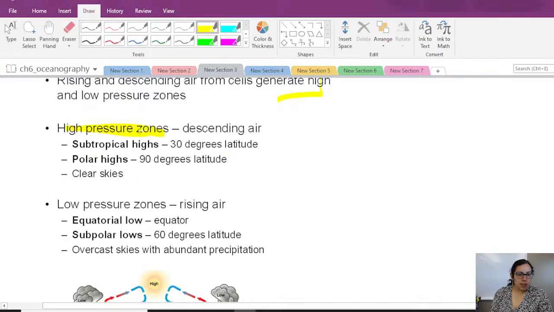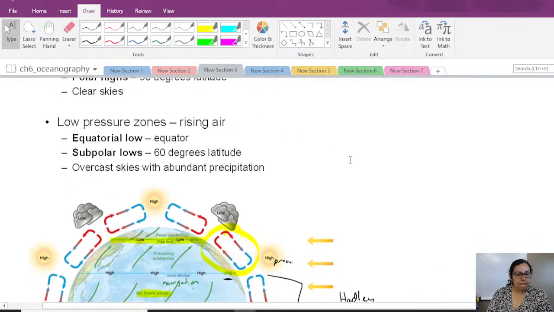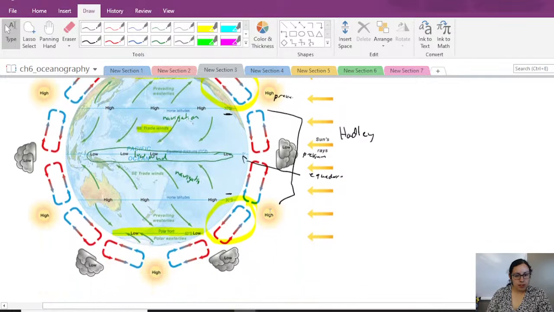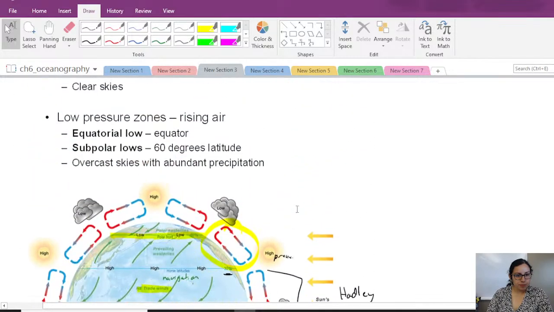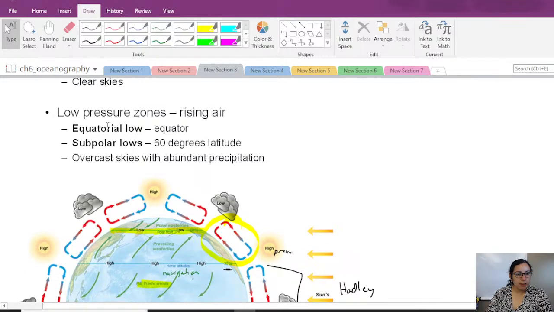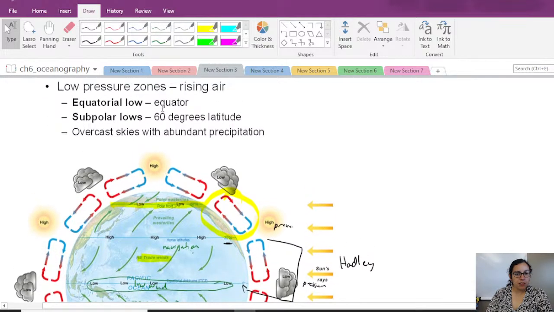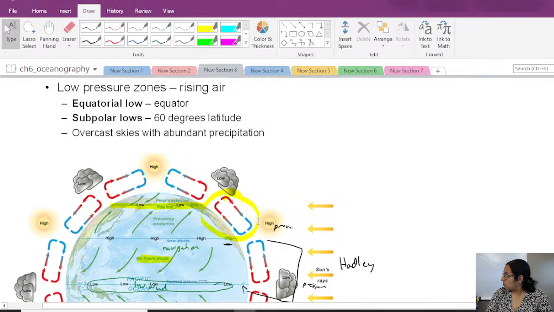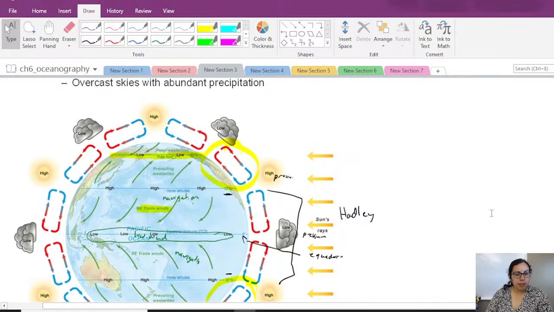And so we kind of looked at that. Again, identifying our high pressure zones, and then versus low pressure. So again, our equator, and then our 60 degrees where we have more storms, relatively speaking.